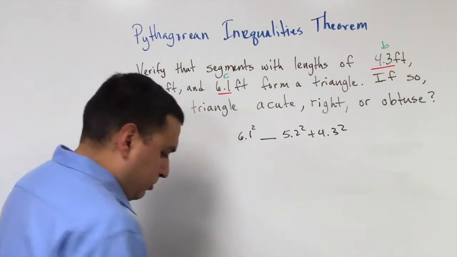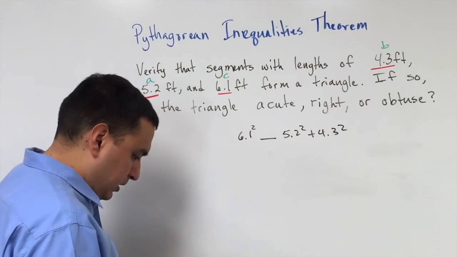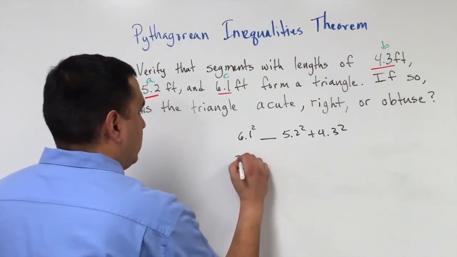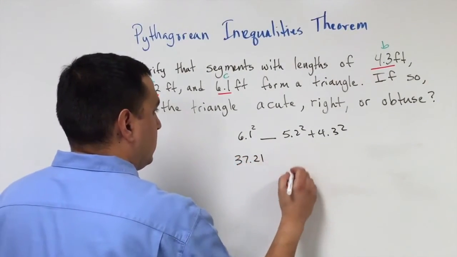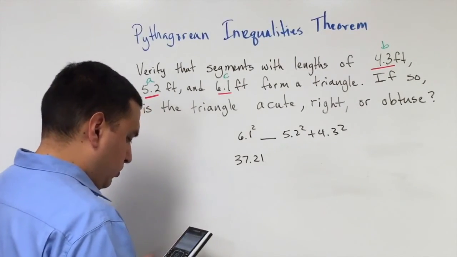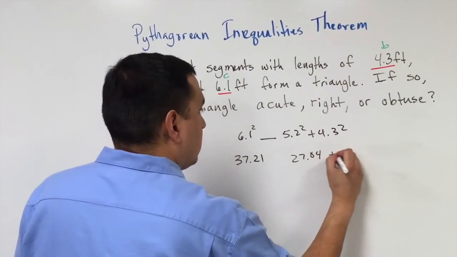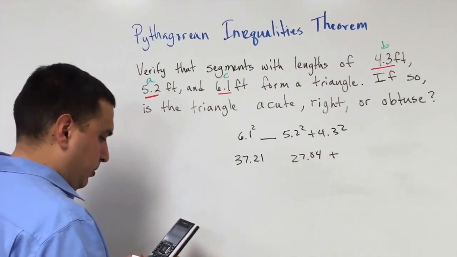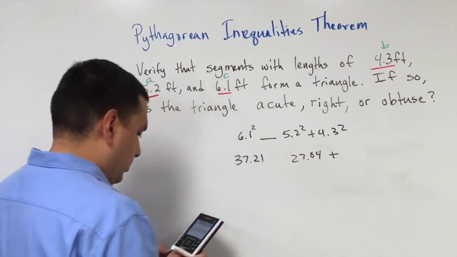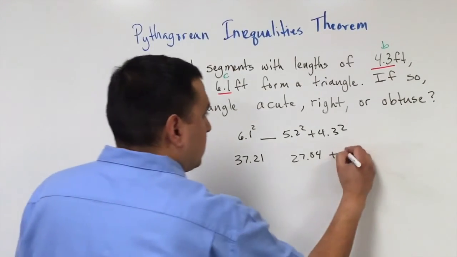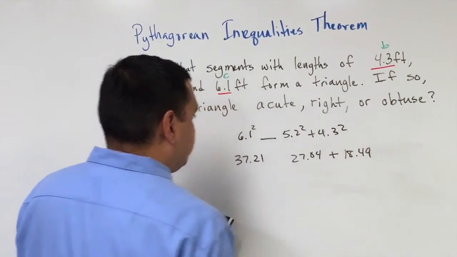Using my calculator, 6.1 squared is 37.21. 5.2 squared comes out to be 27.04. And then 4.3 squared is 18.49.